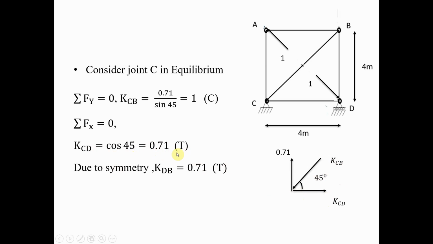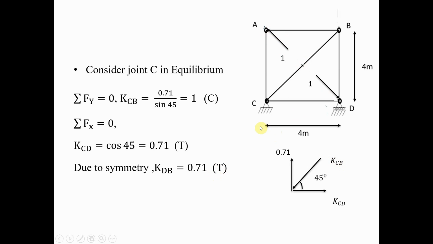It is tensile in nature, and due to the symmetry of the truss, KDB is also the same, equal to 0.71, and tensile in nature. So this is all about the K forces developed in the truss because of the application of unit forces in the place of the redundant.